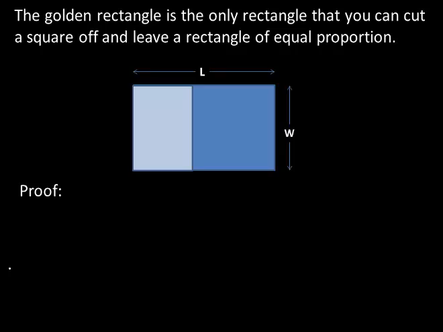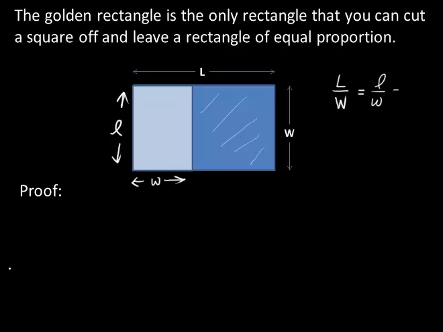So let me call little l this, and this will be little w. Really what we're saying here is that the length divided by the width of the big rectangle is equal to, after we cut off the largest possible square, a w by w square, that the rectangle remaining, the longer side divided by the shorter side, length over width, is the same.